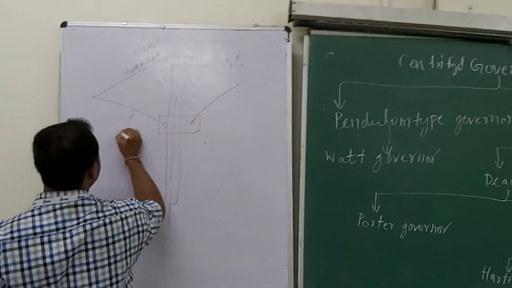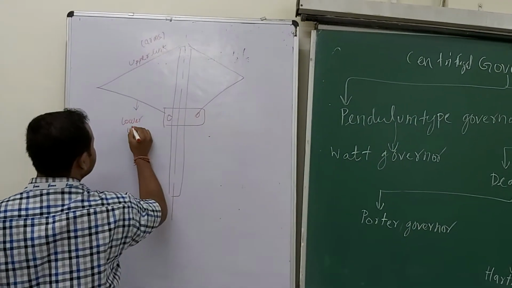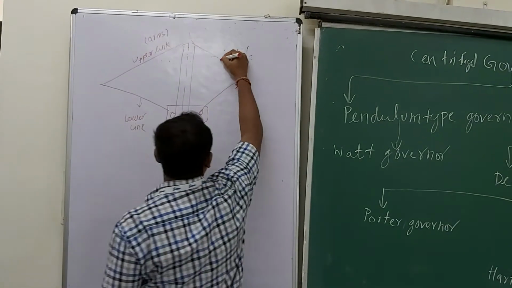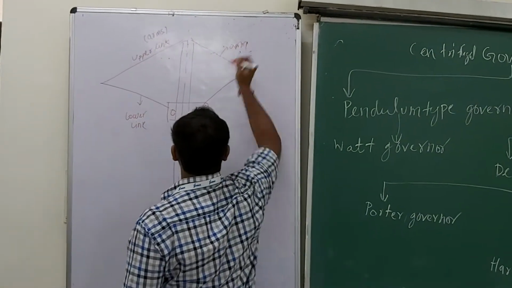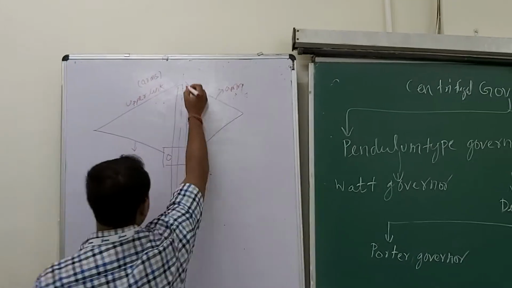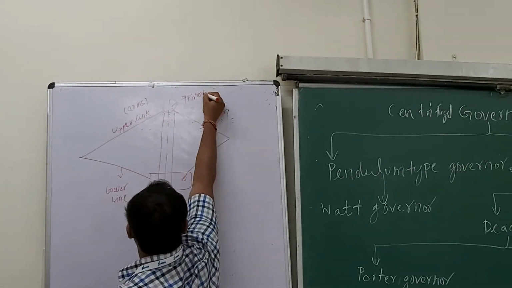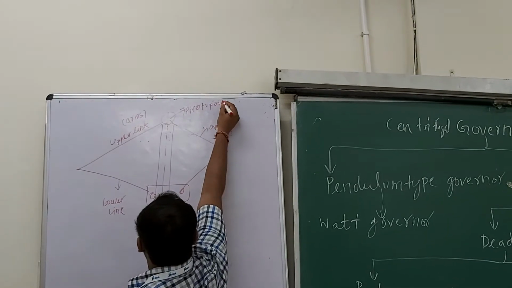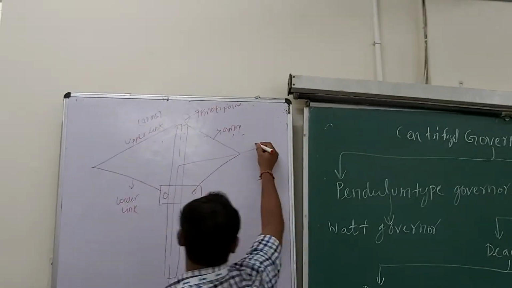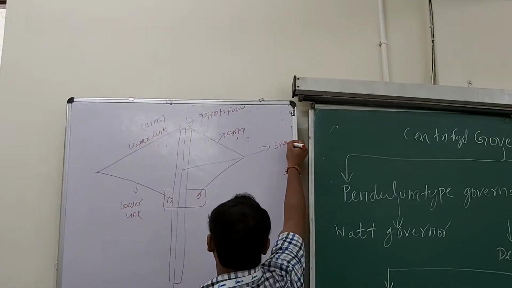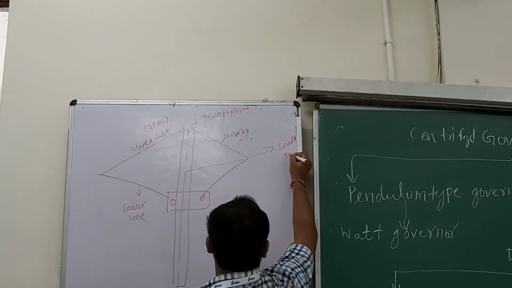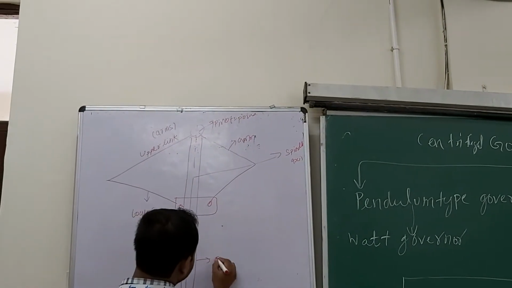This one is the lower link. This is the upper link arm. This is the pivot point. This is the spindle axis. This is the spindle.